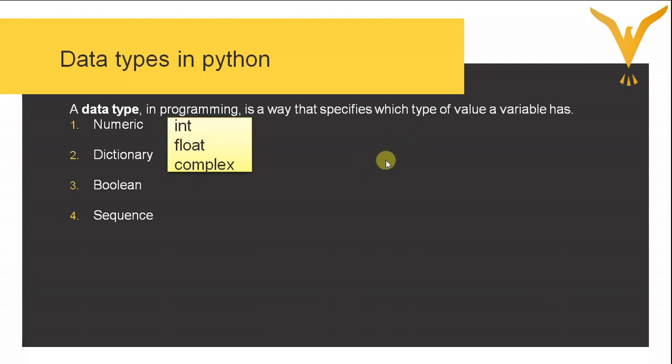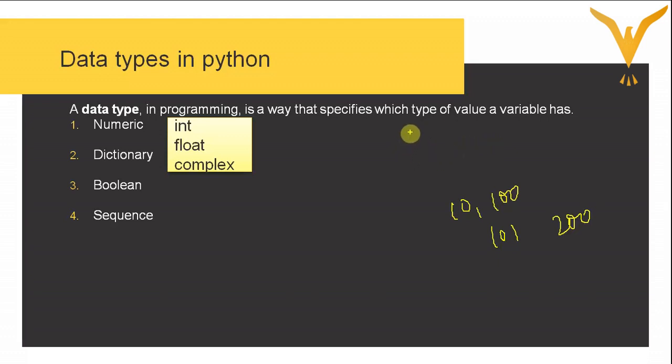So integer क्या होता है? Integer मतलब normal values like your 10, 100, okay, 101, or you can say 200. So all of these are integer. Okay, for example, your age is of integer data type, your roll number is of integer data type. Okay, but in case of float, what do you mean by float?